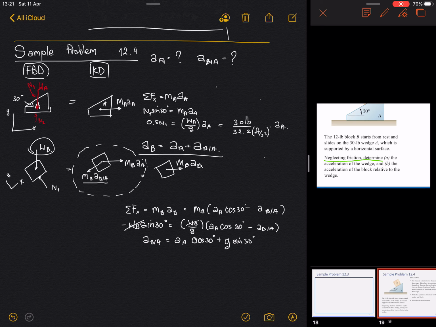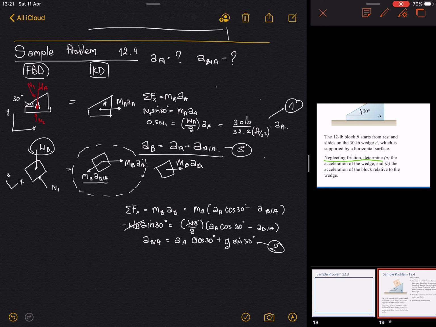Right? So this is your equation 1, this is equation 2 that you will use in the future to solve this, and here is your equation 3. You already used that.